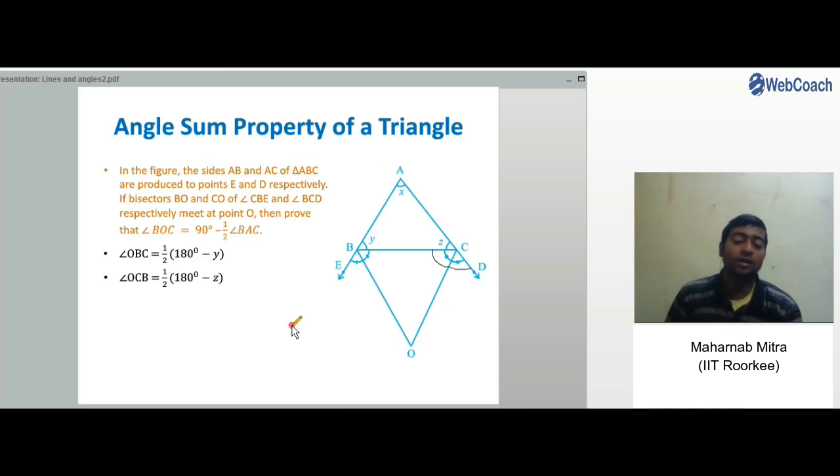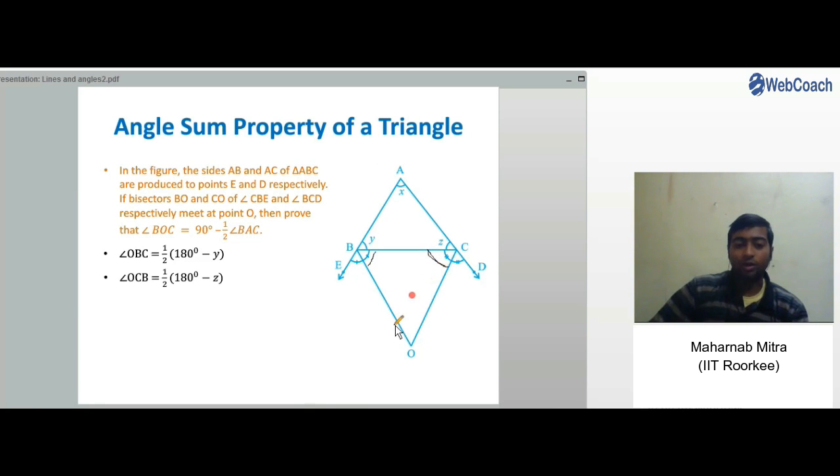So 180 degree minus Z gives us angle BCD, and to get half of the angle, we take half of 180 degree minus Z, and this gives us the value of this bisected angle OCB.